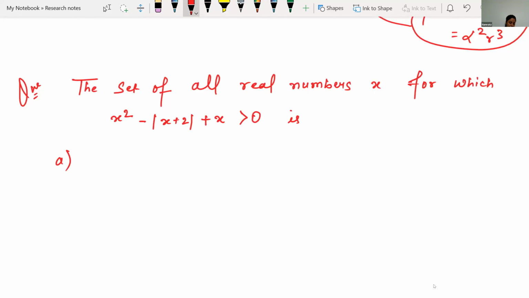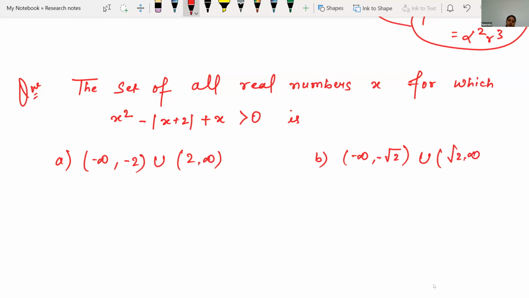Option A, negative infinity to negative 2 union 2 to infinity. Option B, negative infinity to negative root 2 union root 2 to infinity. Option C is negative infinity to 1 union 1 to infinity, and option D is root 2 to infinity.